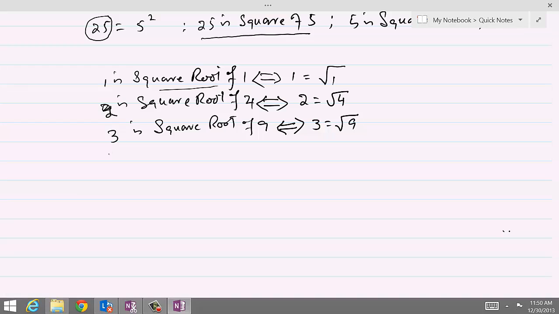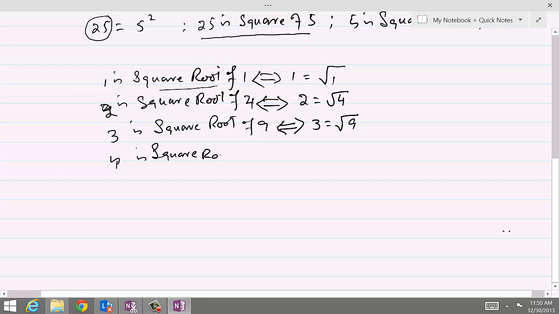And similarly, 4 is the square root of 16, so we can certainly write it like this: 4 is equal to the square root of 16. I hope you understand what I'm saying. This form is called radical form.